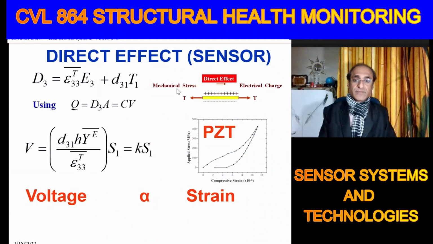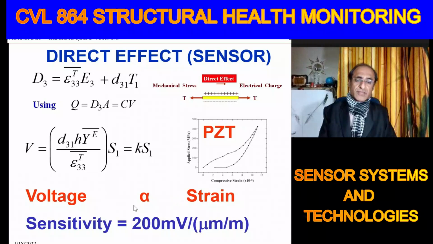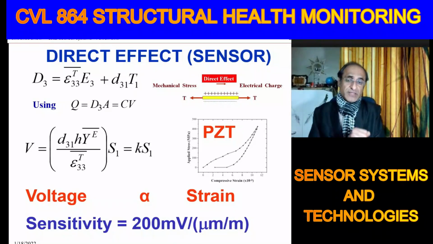So if we have the strain, then by measuring the voltage we can measure the strain. So this gives a sensitivity of roughly 200 millivolts per microstrain. Means if your strain is 1 microstrain, that is 10 to the power minus 6, the piezo patch will display 200 millivolts, 0.2 volts. So this is very remarkable. This is a very remarkable conversion factor.